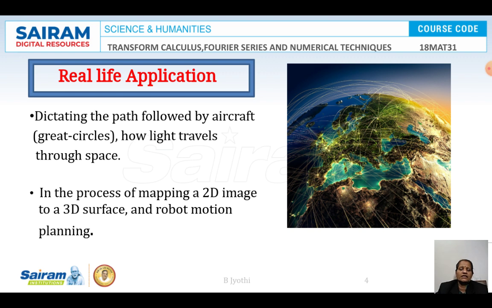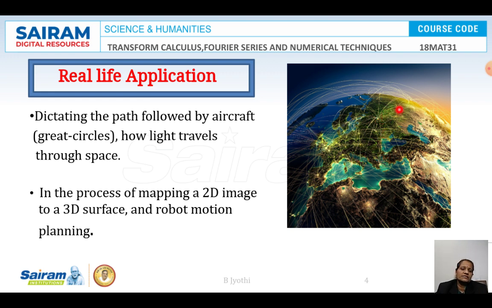So what are the real life applications of geodesics? Dictating the path followed by aircraft, great circles, and how light travels through space. Here we can observe in this diagram how the light is traveling. It will not be traveling straight, because here the earth surface is spherical in shape.